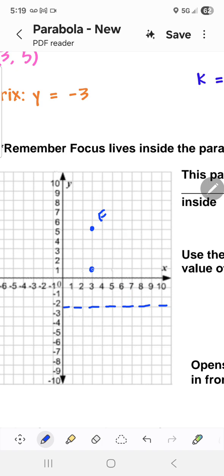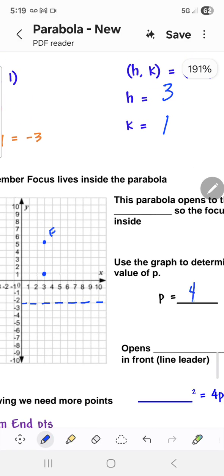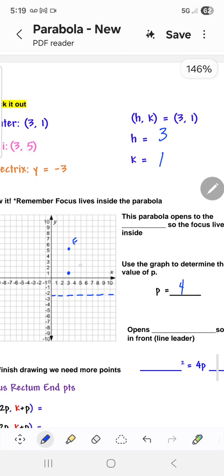This looks like p is 4: 1, 2, 3, 4. So I get p is 4. I know that the focus lives inside the parabola, which means that this is going to open up. If I am opening up, that means that x squared is the line leader.